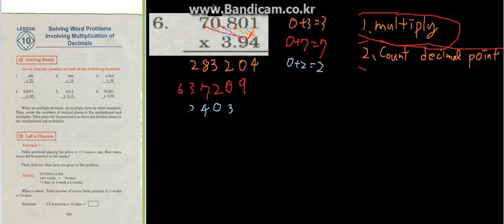Then 7 multiplied by 3 is 21, so we write down 21.